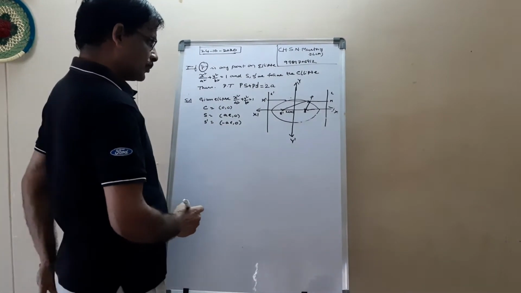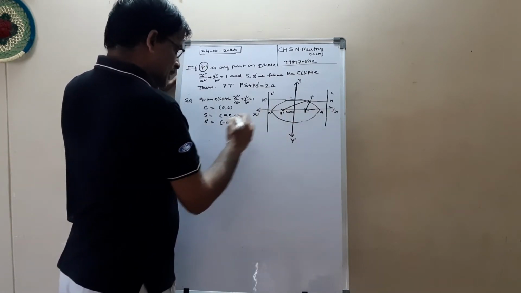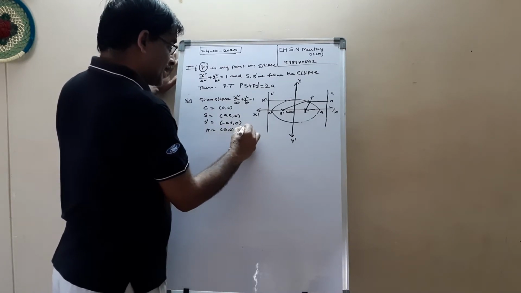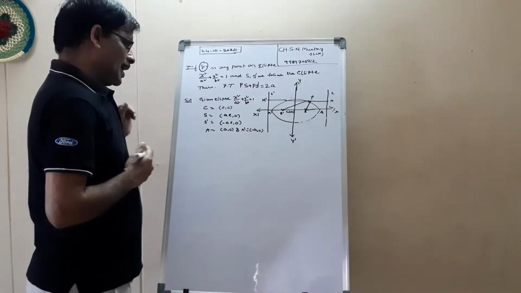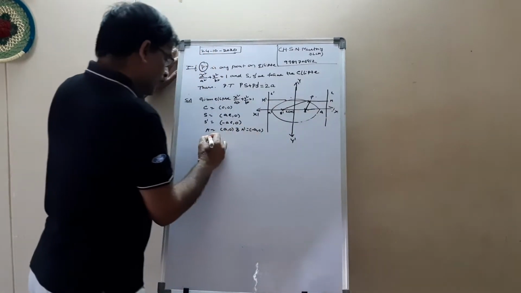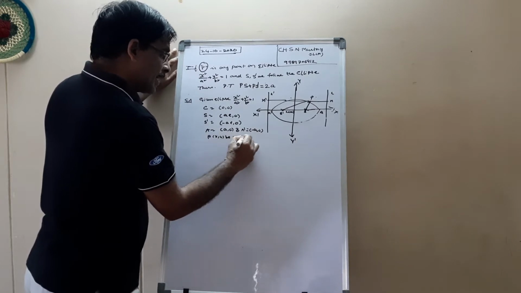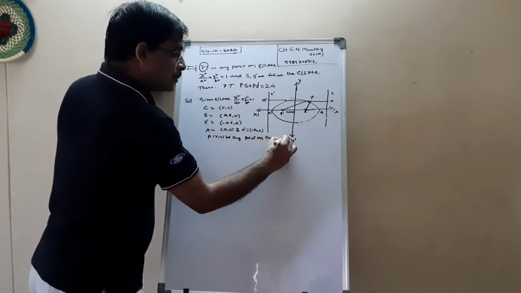Next, A equal to a, 0, and A dash equal to minus a, 0. Let P x, y be any point on the ellipse.